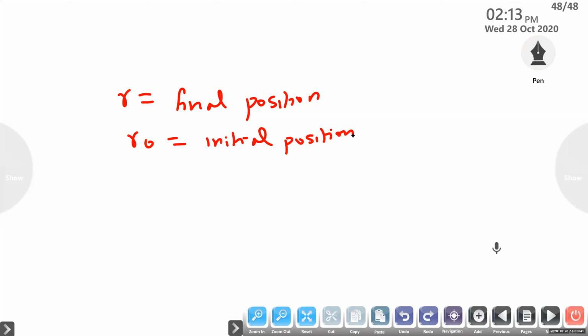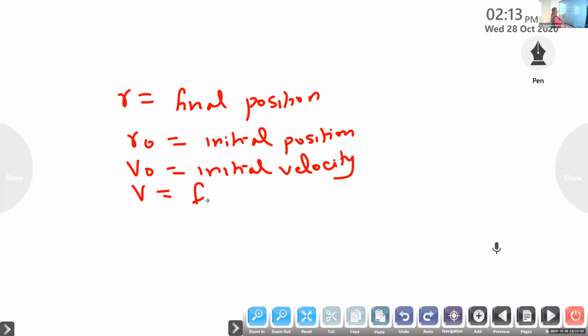V0 is the initial velocity, V is the final velocity. And acceleration is A. A is acceleration.